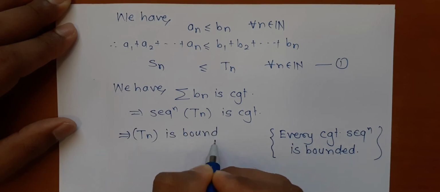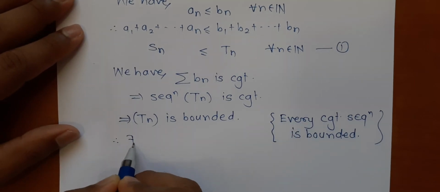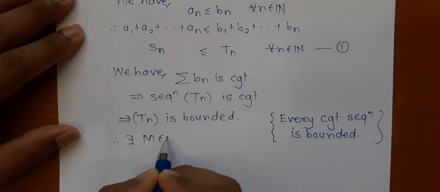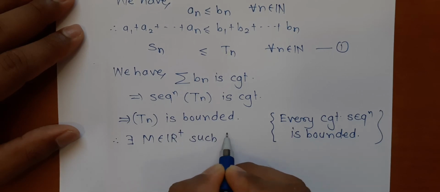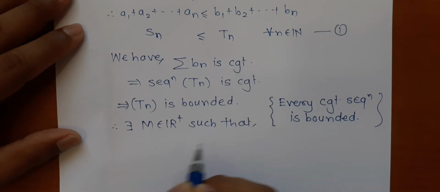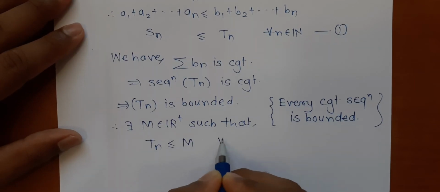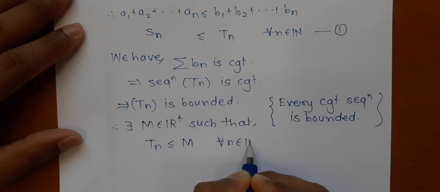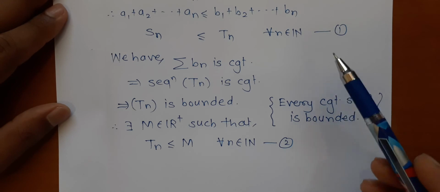If a sequence is bounded, there exists some positive real number m belonging to R plus such that Tn is less than or equal to m for all n belonging to the set of natural numbers. Equation 2.